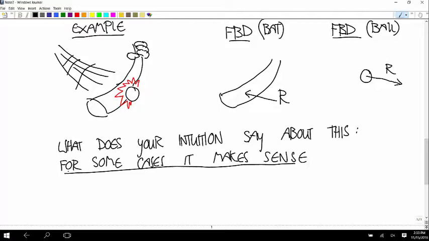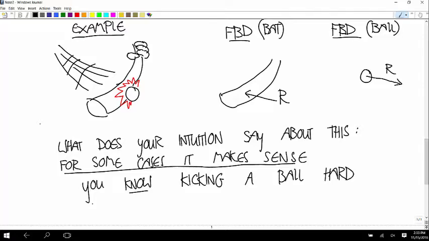Okay? So a case where it does make sense is you know that kicking a ball hard will hurt your foot.